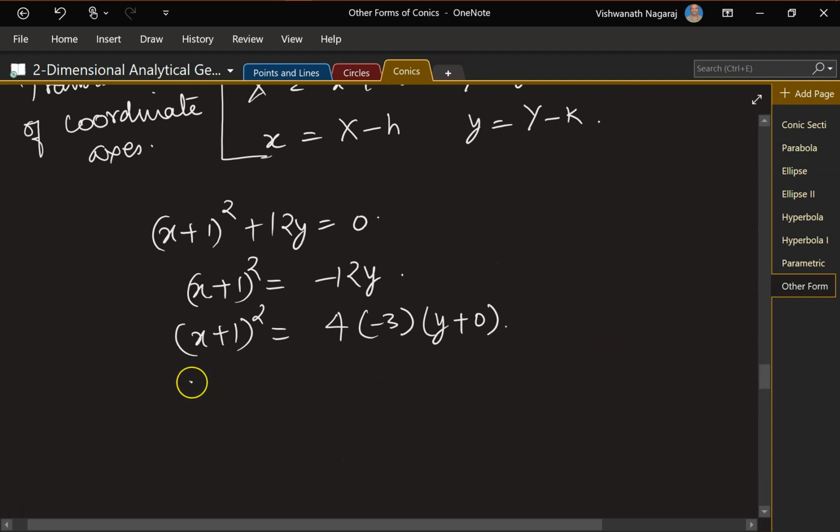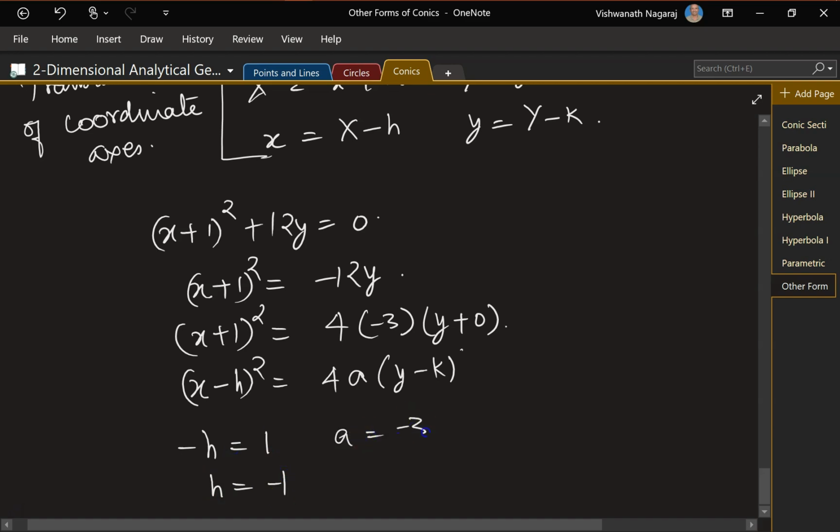So this is of what form? x minus h square is equal to 4a into y minus k. So here minus h is equal to 1 or h is equal to minus 1. a is equal to minus 3. Minus k is equal to 0 or k is equal to 0.